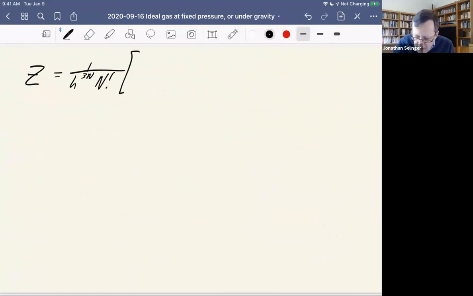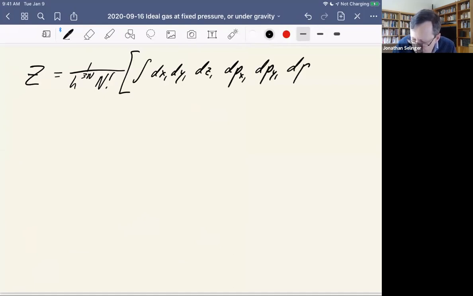I have an integral over all possible x1, y1, z1, etc. I could write it like this: dx1, dy1, dz1, dpx1, dpy1, dpz1.